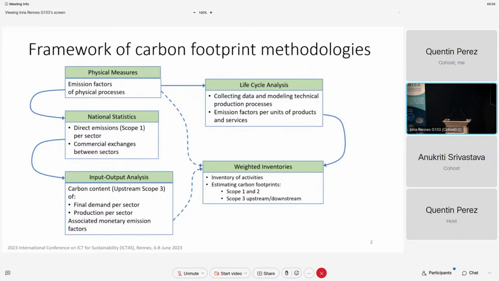Now, what we wanted to look at is that there's this second path available on the left-hand side: go through national statistics that are available on a yearly basis for all the countries, and then go to another type of method, which is input-output analysis.